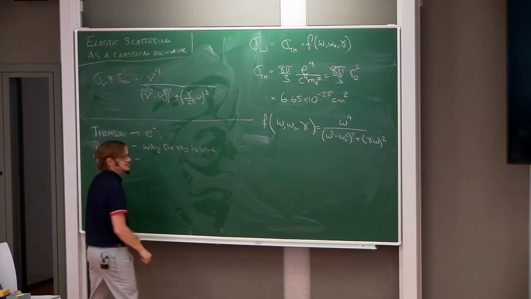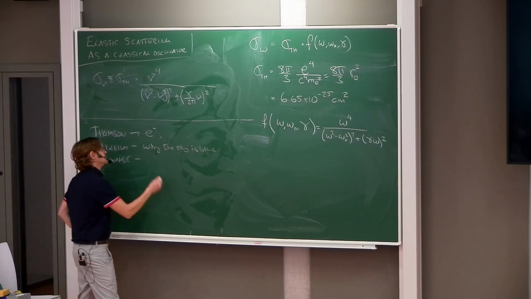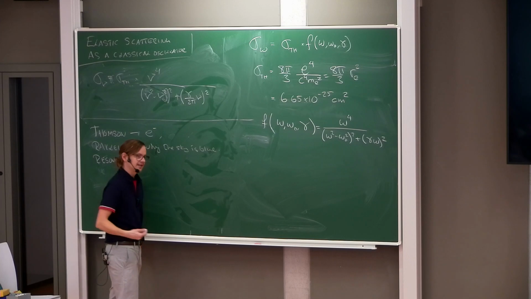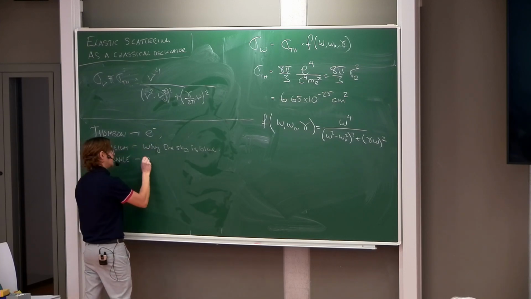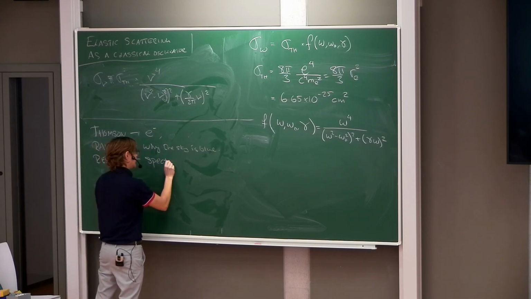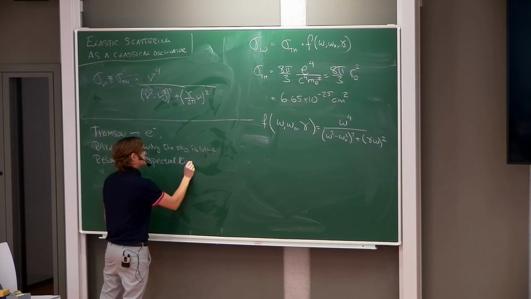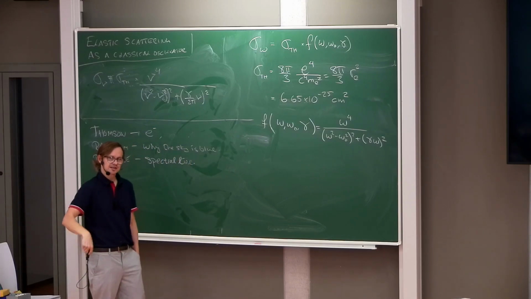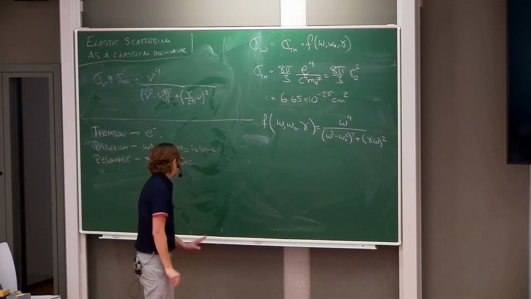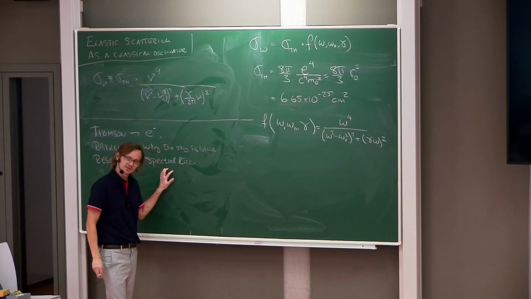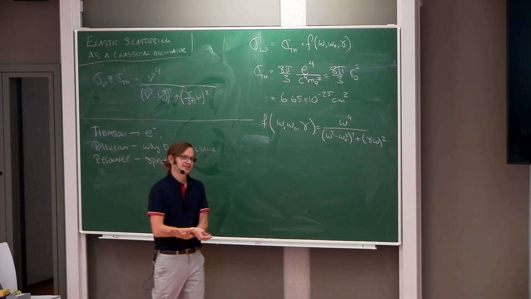Now, the resonance case here is where we get a first feeling for a spectral line, a resonance spectral line. Now here it comes with a caveat, of course, that this is in the classical limit.